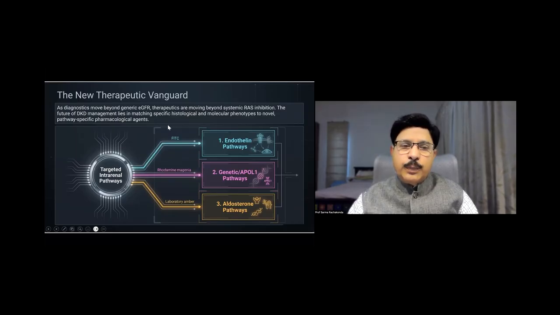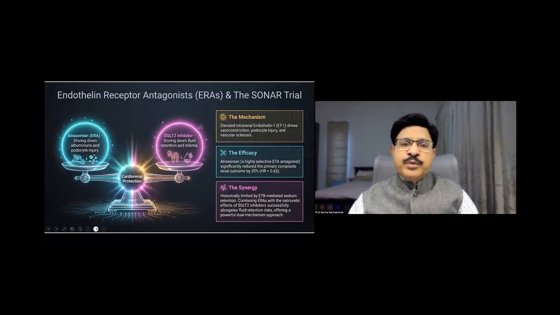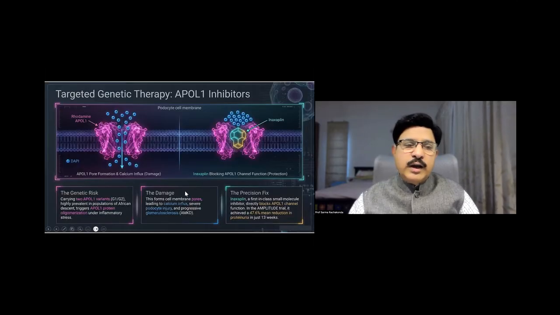That means we are opening into these three areas where new treatments could come. And finally, we have got the SGLT inhibitors plus atrasentan, which is a very specific drug for proteinuria and podocyte injury. The cardiorenal protection is being altered by the new trials on atrasentan. This is an endothelin 1 inhibitor, a potent endothelin 1 inhibitor.